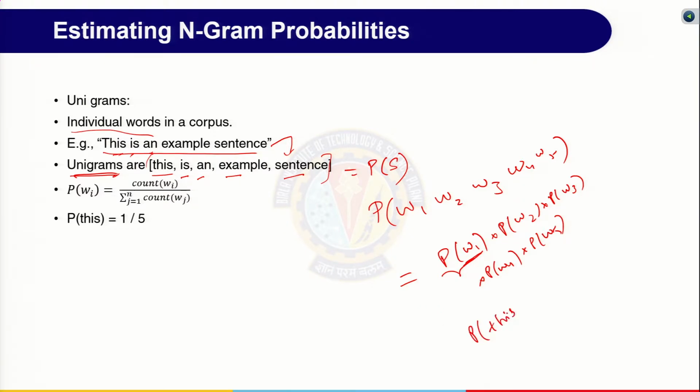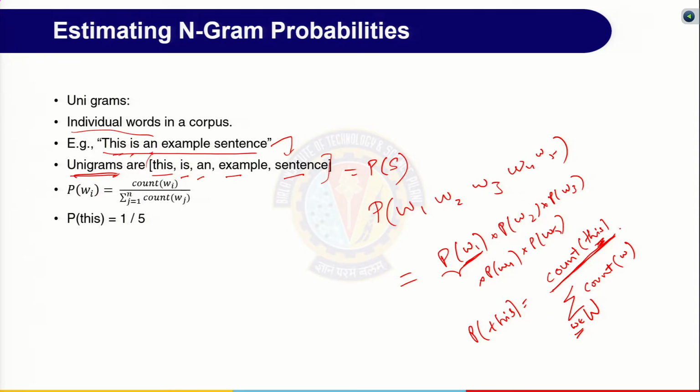Let's say I want to calculate the probability of the word "this". I look at the entire corpus, the entire collection of sentences that was given to me as training data, and I count the number of times "this" has occurred. I divide by the sum of the counts of all the words. I take the sum of all the words as the denominator, and then I find the proportion of seeing this word among all the words.